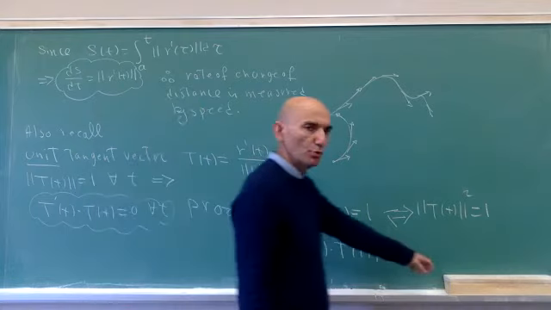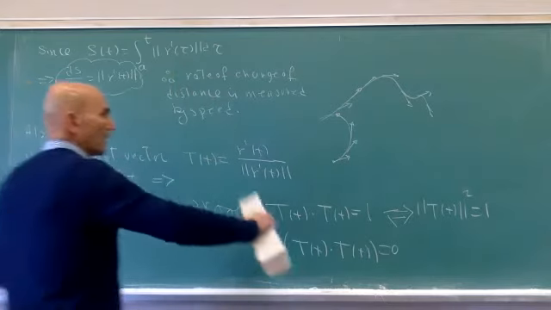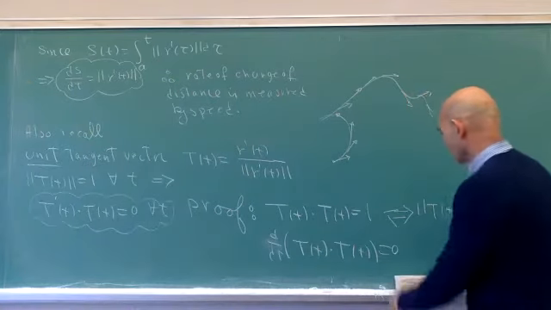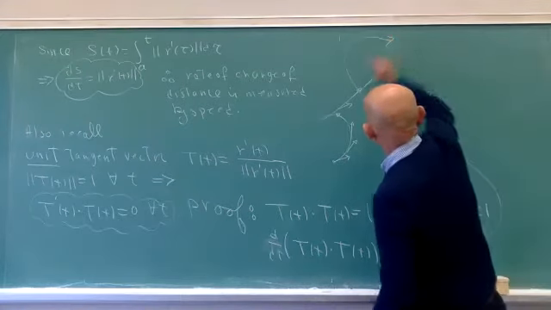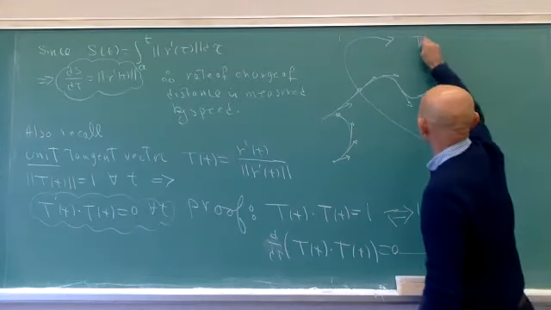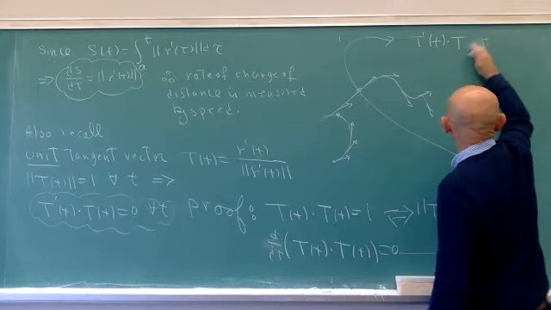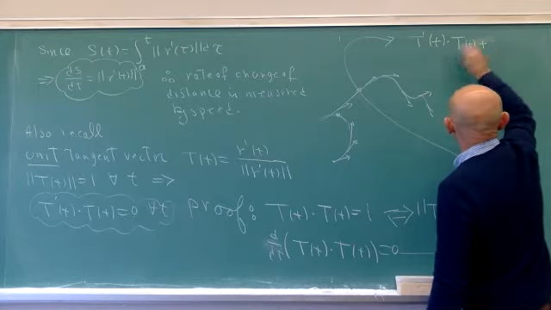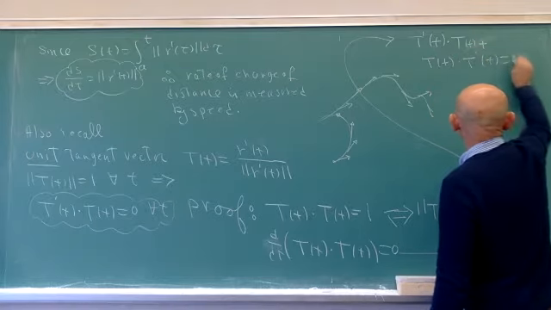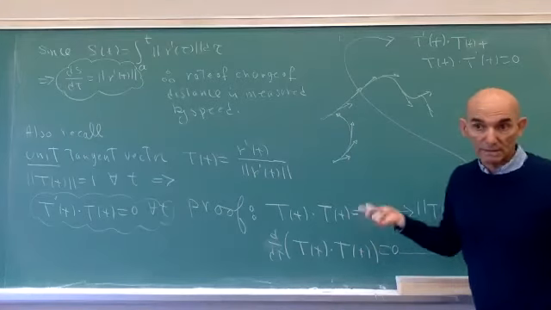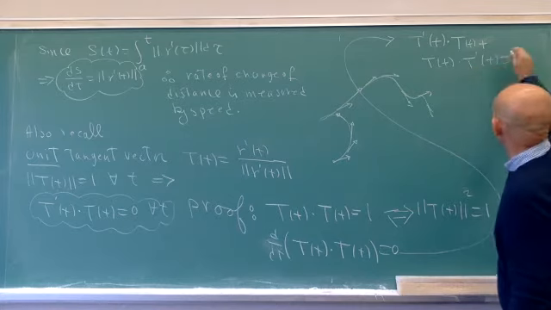That's where the Leibniz rule comes into use. So you get T'(t) dot T(t) plus T(t) dot T'(t) equal to 0. This is the Leibniz rule, or product rule, for the dot product.